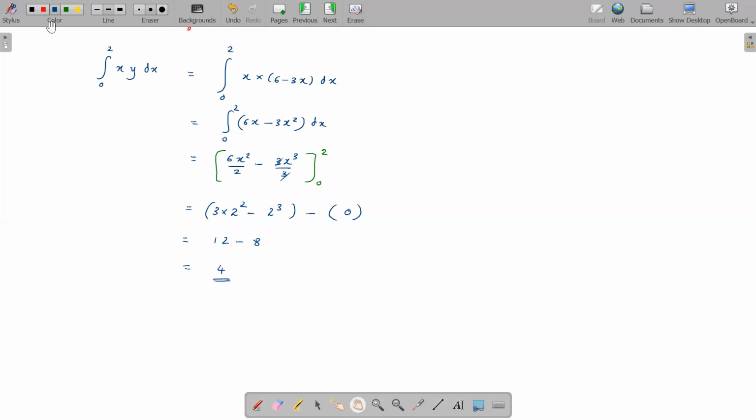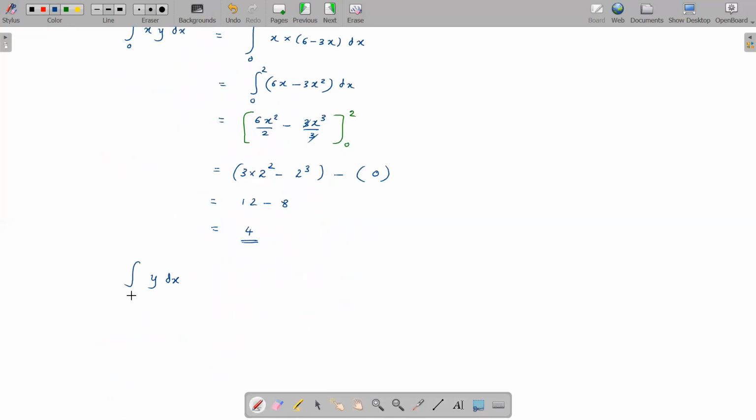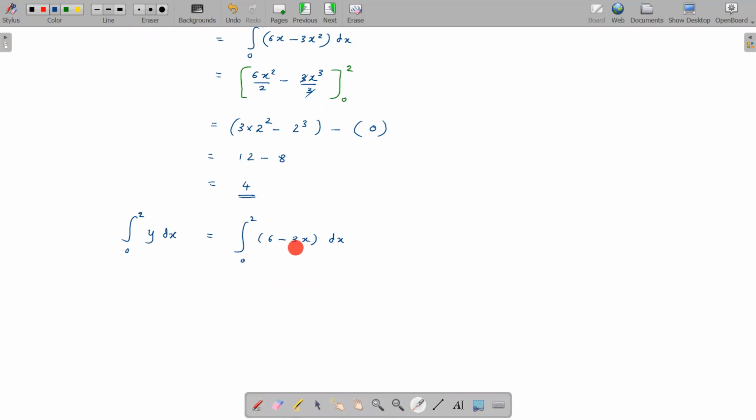And then let's get the denominator as well. So the denominator is y dx, right? The denominator integration is y dx. Limits are from 0 to 2. So the y equation was 6 minus 3x. Agreed? The y equation was simply 6 minus 3x because we need to input it in terms of x, as our integration is happening with respect to x.